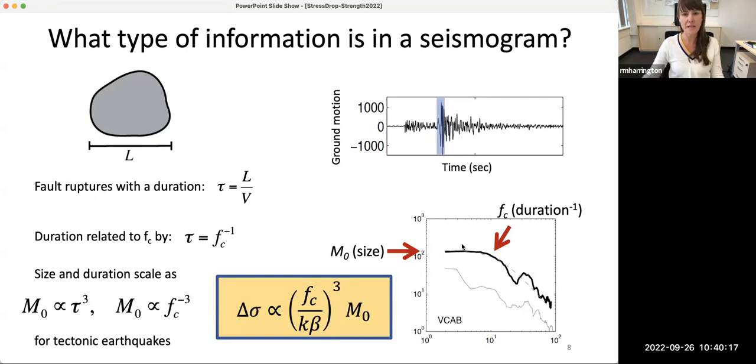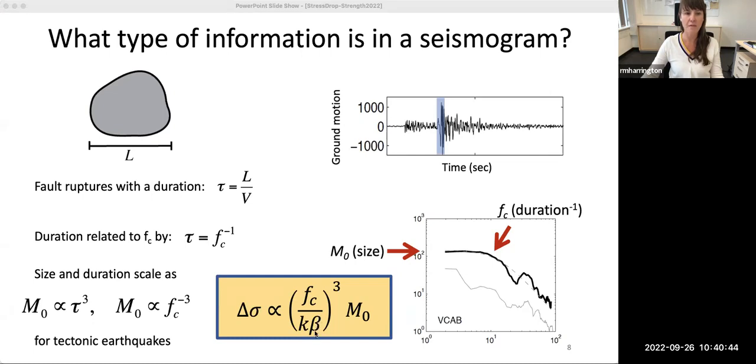So effectively, we take that information that we measure directly from the seismogram, this moment and this spectral corner frequency. And then you can invoke whatever your favorite spectral model is, and you can then get a relationship from these parameters between the moment and the corner frequency for the static stress drop. Now as I said, that modeling assumption comes in here with this value of K that you assume.